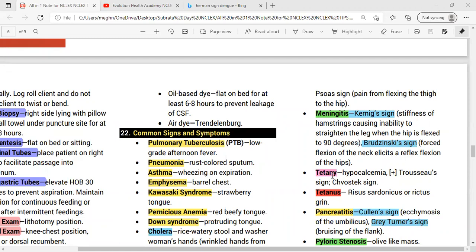In case of tetany, hypocalcemia: if the calcium level goes down, the patient develops tetany, and we see the Chvostek sign positive or Trousseau sign positive.